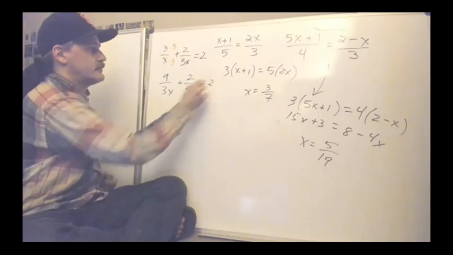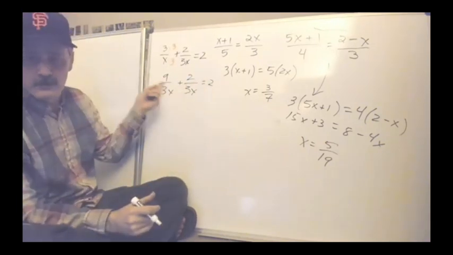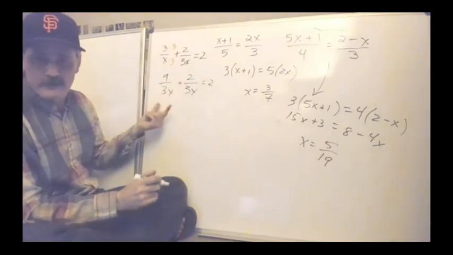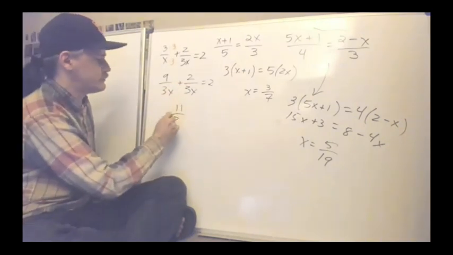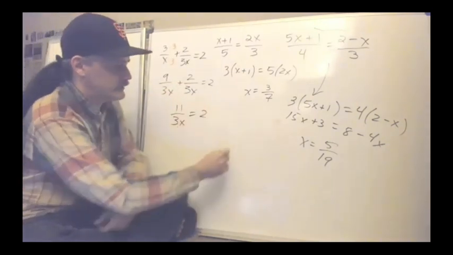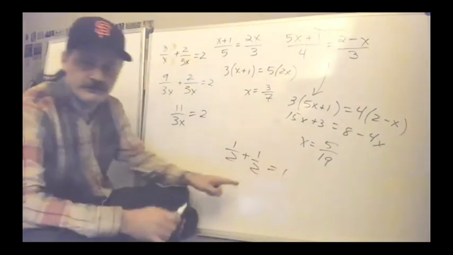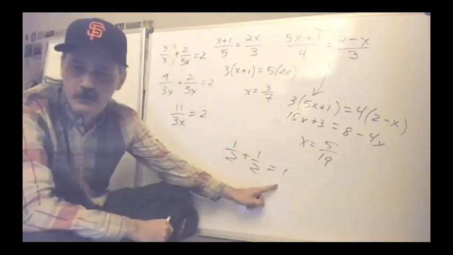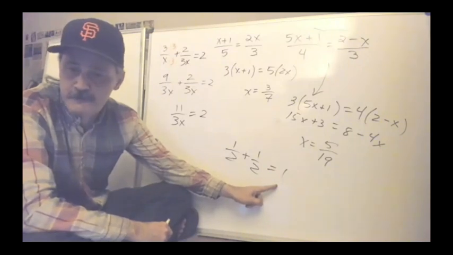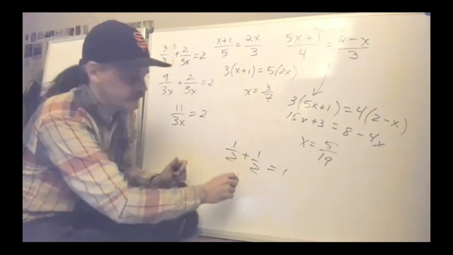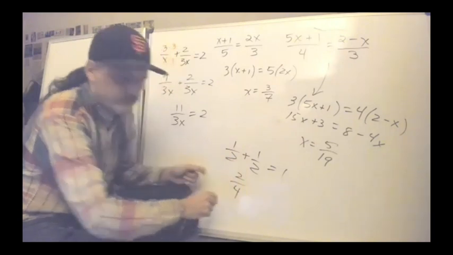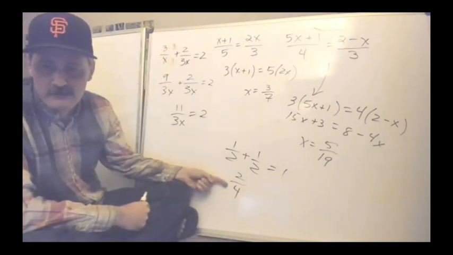Okay, so now we have the common denominator. So 9 over 2, 11 over 3x. Now again, you do not add the denominators. All of us know that a half plus a half is the whole, right? If you add the denominators, that's not a whole.